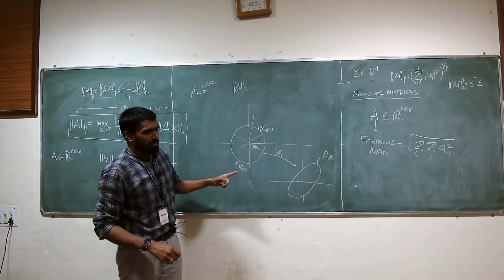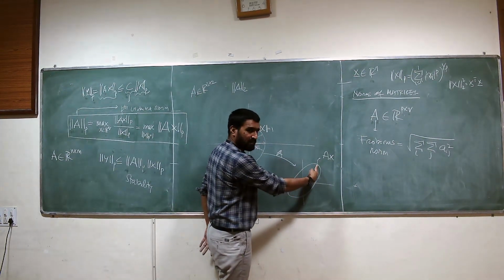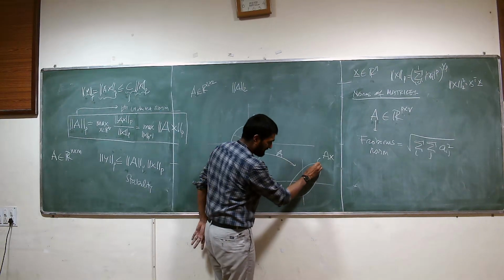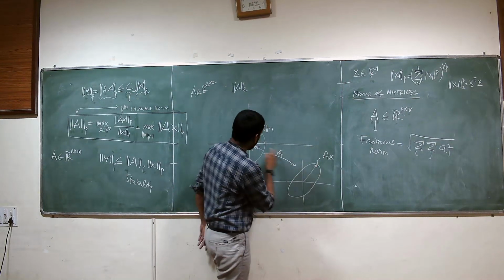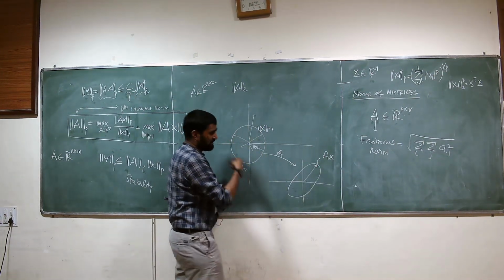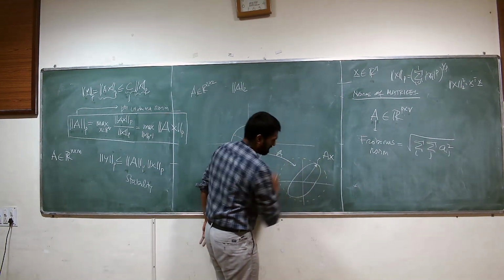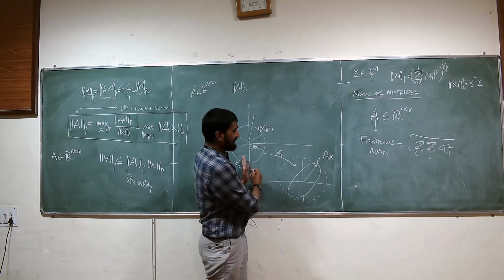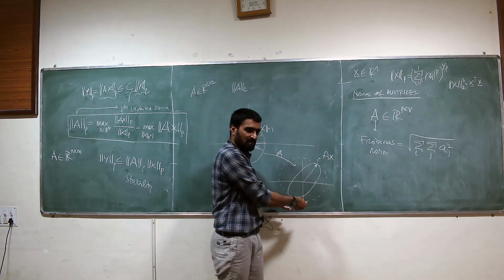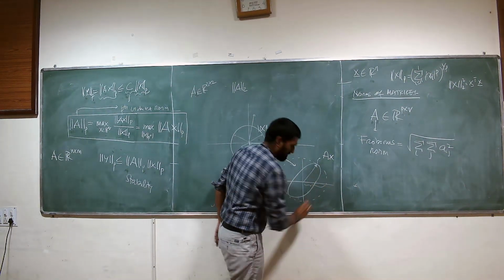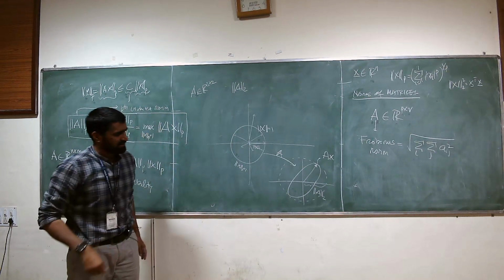Now the second induced norm of this A is simply the length of the largest vector here. That means if I choose any point on this unit circle, I am guaranteed that the second norm of the vector Ax will be within the circle, and the radius of this circle is simply your ||A||_2.